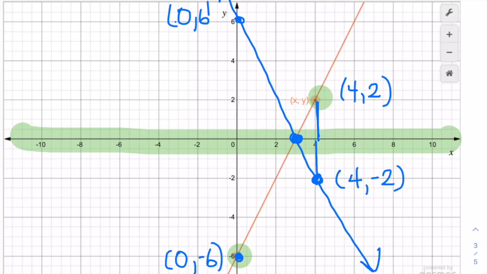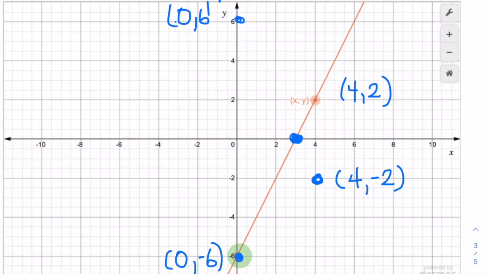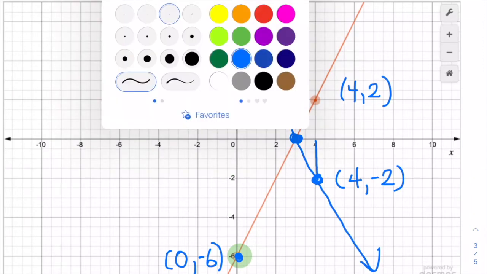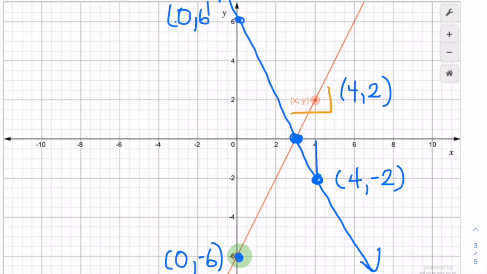So if I was going to look at any point, and we'll say x, y, I'm just going to point this out here. So if this point is x, y, we know that the x's stay the same, but the y's become the opposite. Just like over here, the x's stay the same, but it changed from negative 6 to positive 6.